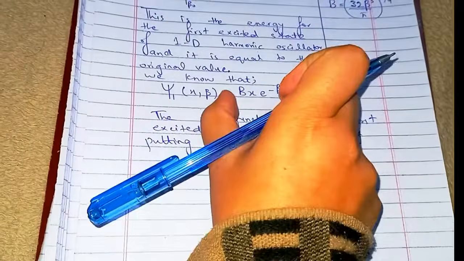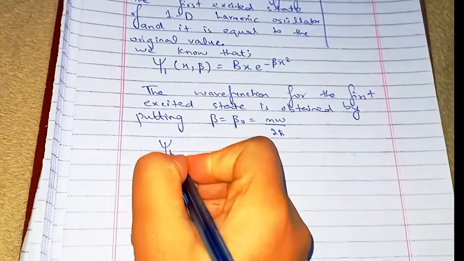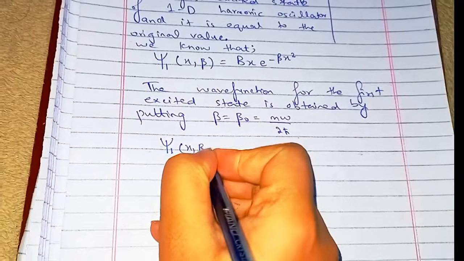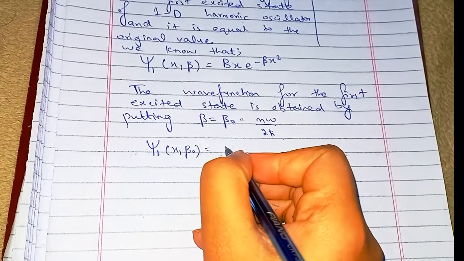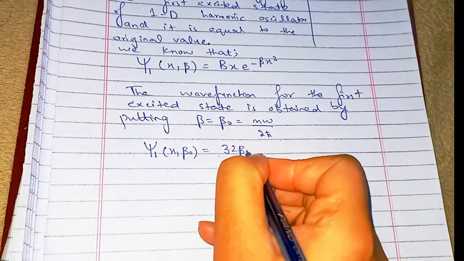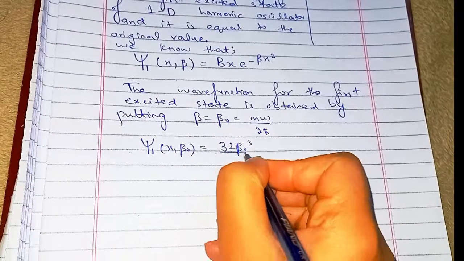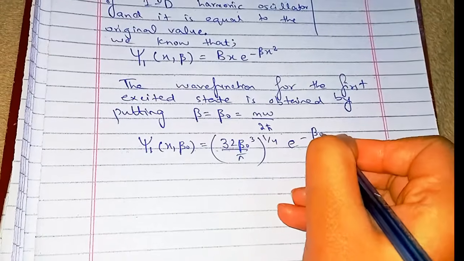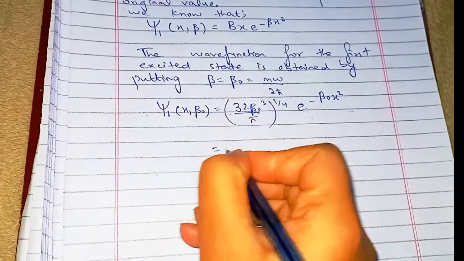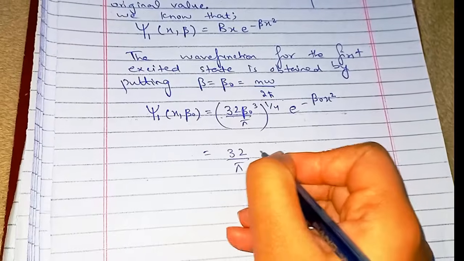Let's put that value right back into this form to get the wave function x beta naught. So it's the value of b, 32 beta naught cube, whole power 1 by 4, e to the power minus beta naught x squared. Let's put the value of beta naught here.